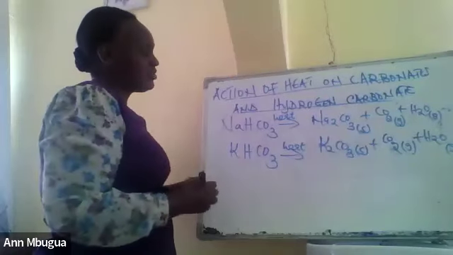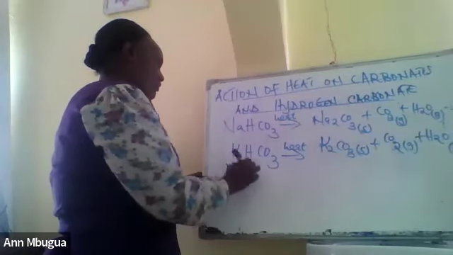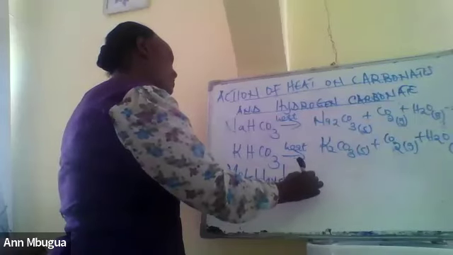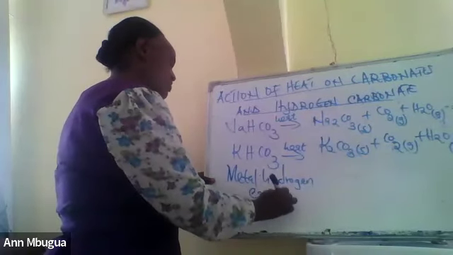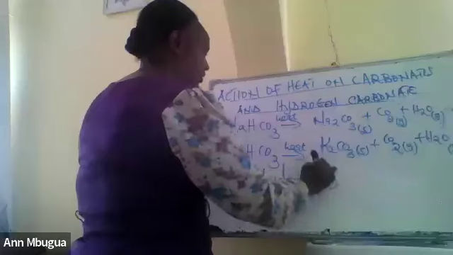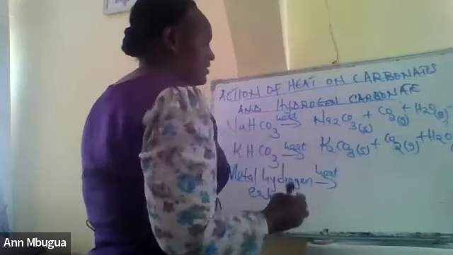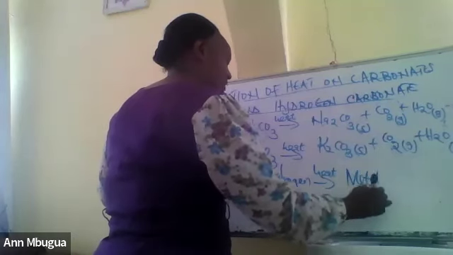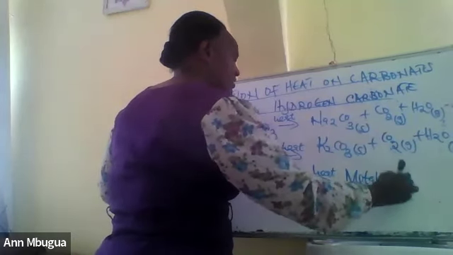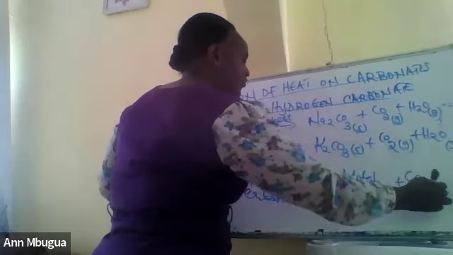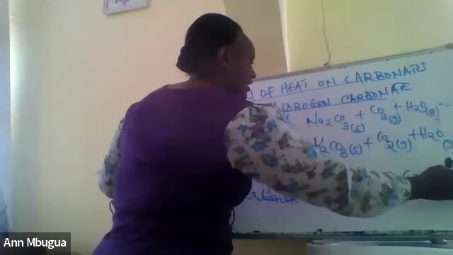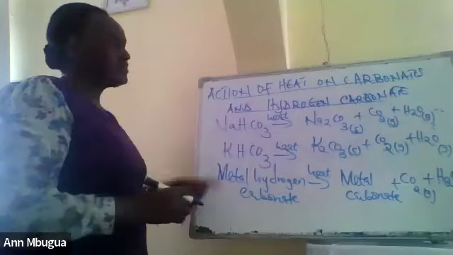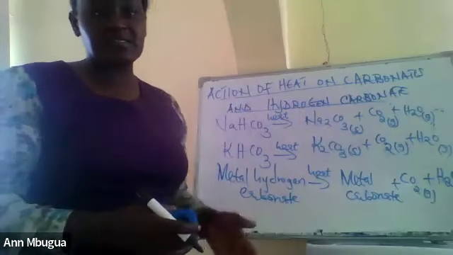So the general equation for these two will be metal hydrogen carbonate decomposing on heating to give the corresponding metal carbonate, the carbon 4 oxide, and the water. This is for the two. So what about the others?